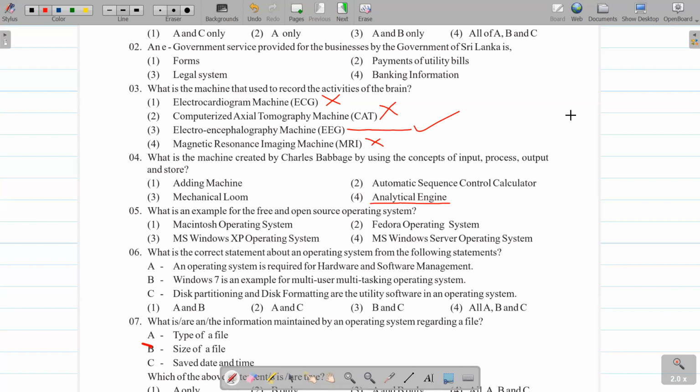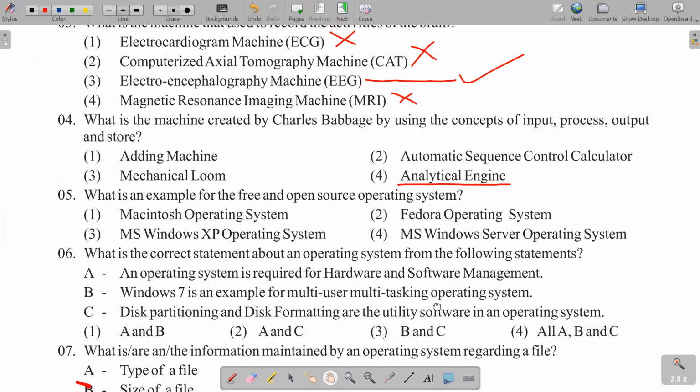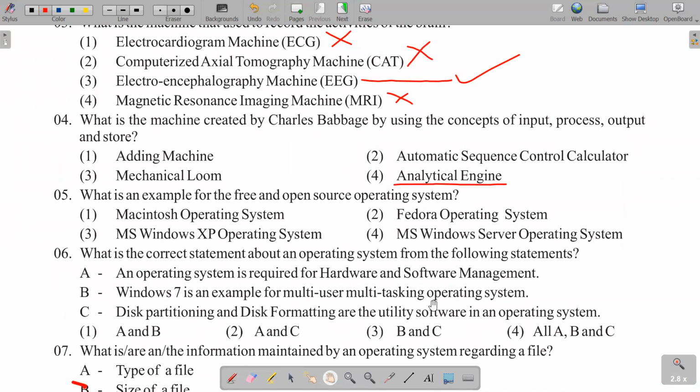And then you asked the fifth one: what is the example for a free and open source operating system? I gave this to you because we have done the software categorization in the second lesson.